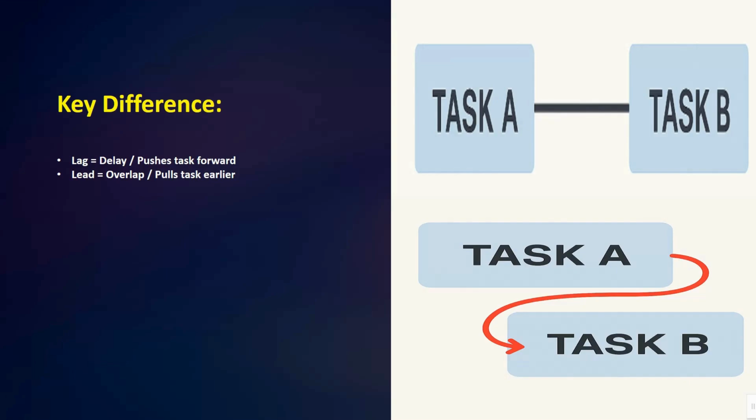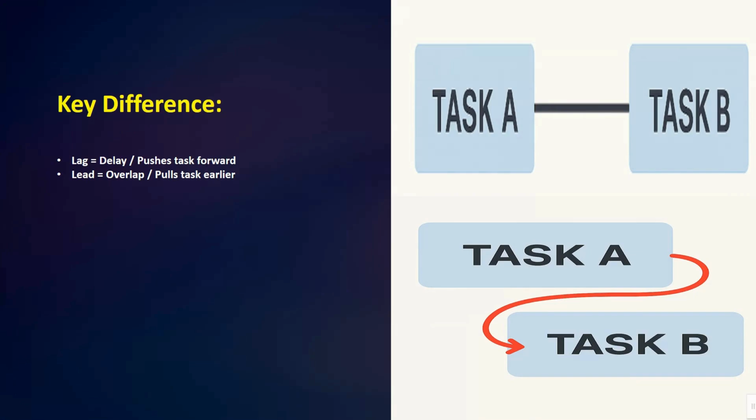Next we have key differences. Lag equals delay, and lead equals overlap. Lag we use for a gap, and lead we use for overlapping. The key difference between lag and lead lies in how they affect the project timeline. Lag creates a delay, meaning it pushes the succeeding activities forward and ultimately extends the project duration.